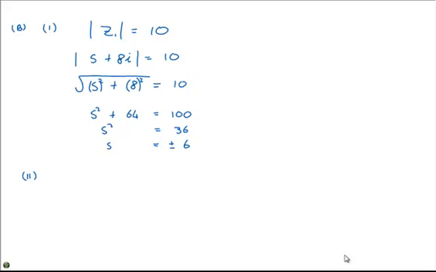And this actually isn't all that difficult, it's more just how the question is worded. So what does argument mean? Well, the argument means the angle. In complex numbers, the argument is like the reference angle that you're using.